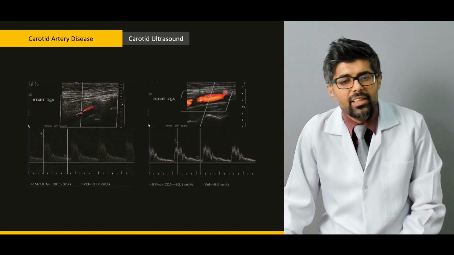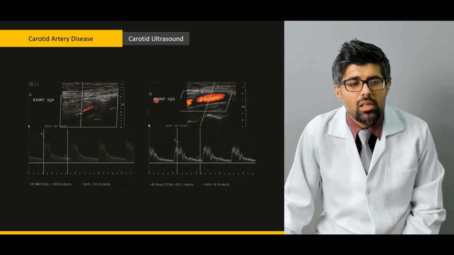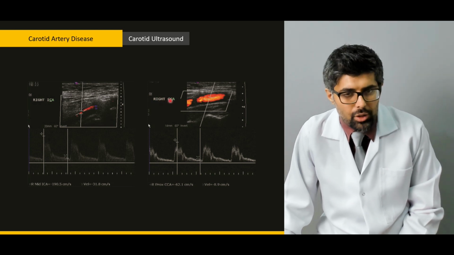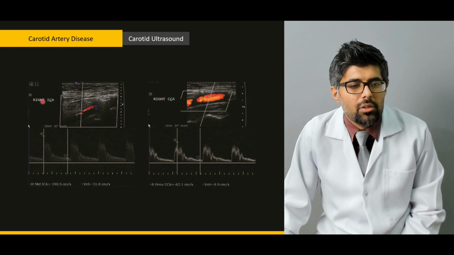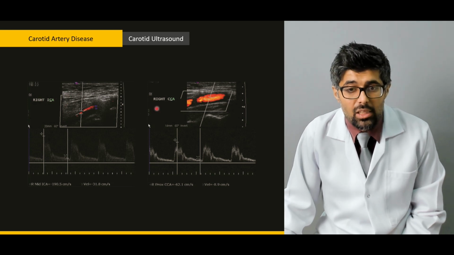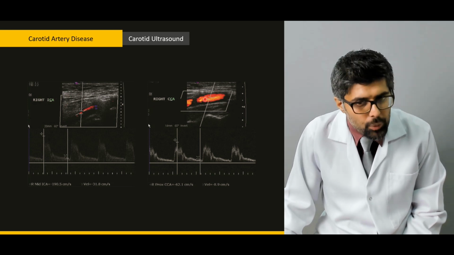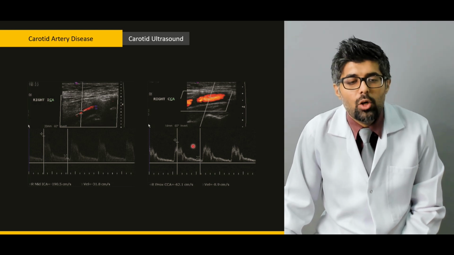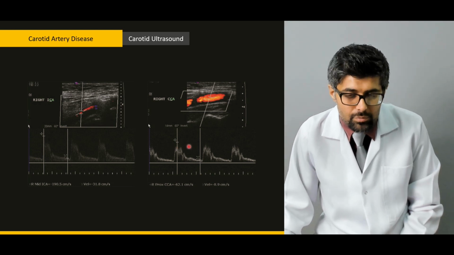Now, this second Doppler is of the right common carotid artery, from which the internal carotid artery bifurcates. Now, it has a proper lumen and velocities are not that high.